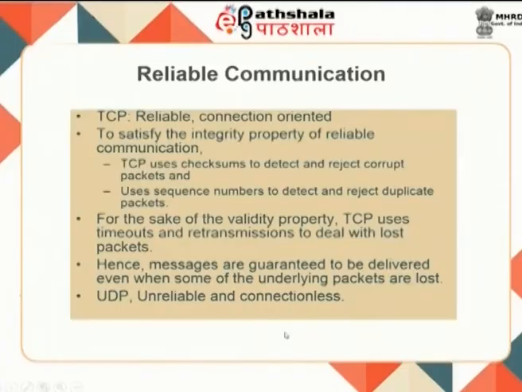However, many applications require that the communication happens faster, and there are quite a few applications which do not need the reliability as is defined by TCP very stringently. So, therefore, the other transport layer protocol, which is UDP, which is unreliable and connectionless, is also used by many cloud systems.